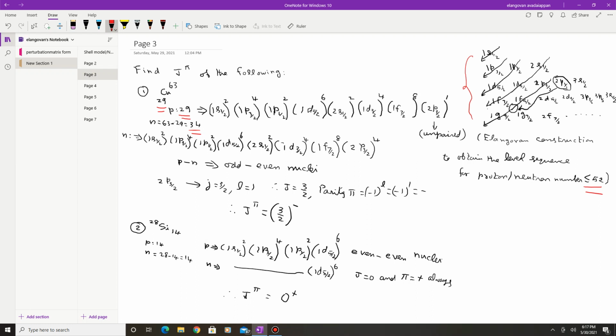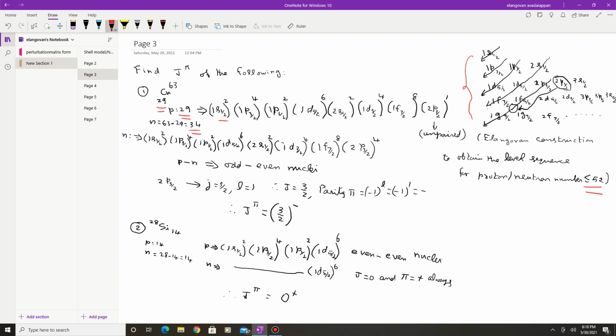This will be much more convenient, easy to remember when compared with the first diagram, so it can be easily written down. You can write down this diagram first, and using this diagram you can write down the level sequence very easily. So for 29, you refer to this one.